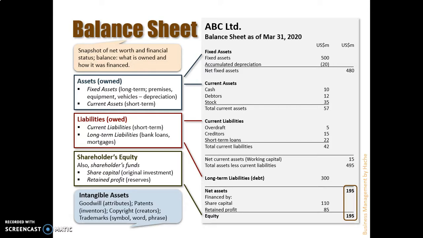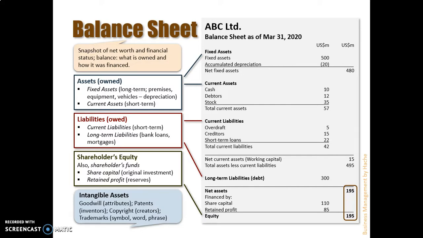The copyright is also a legal right for creators, okay, to also produce and reproduce and sell specific properties or creations, like artists or musicians. And we have trademarks, like the symbol, the word, the phrase, all the brand of a business that is also legalized and cannot be used by others. So all these are intangible assets.